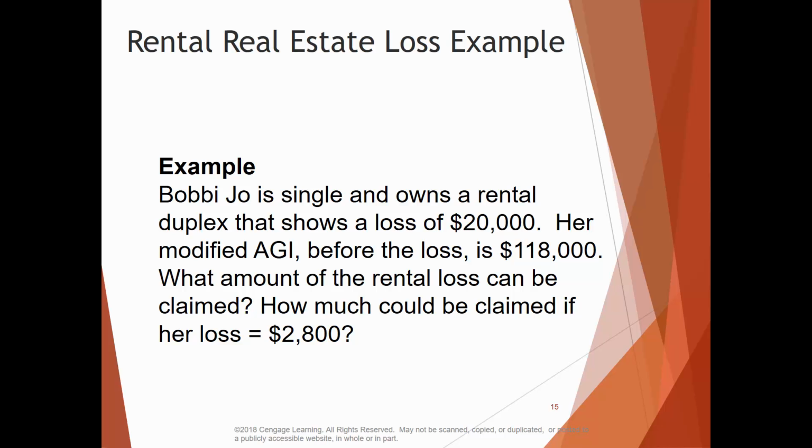So we know that in no situation could she take more than $25,000. That's always the limit, right? She's got $20,000 of loss. Our question is how much of that can she take? So what the rule says is for every $1 that her modified adjusted gross income is over 100 grand, she loses 50 cents of that 25 grand capacity.